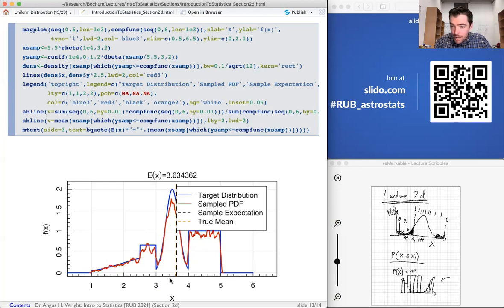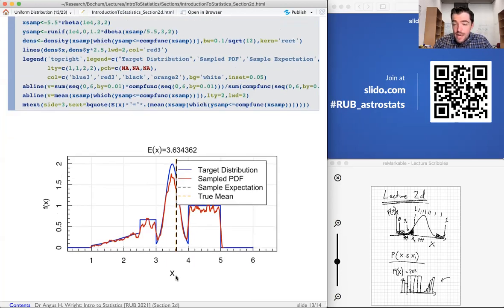So that's the sample expectation that I've calculated from the sampled PDF, or rather the samples themselves. And the true mean of that distribution is shown as the orange dashed line. So you can see that this is a very, very good estimate of the underlying expectation of this distribution.